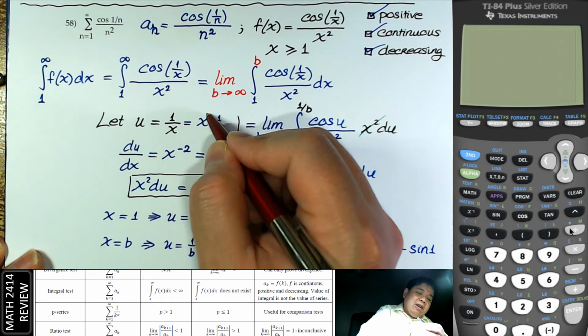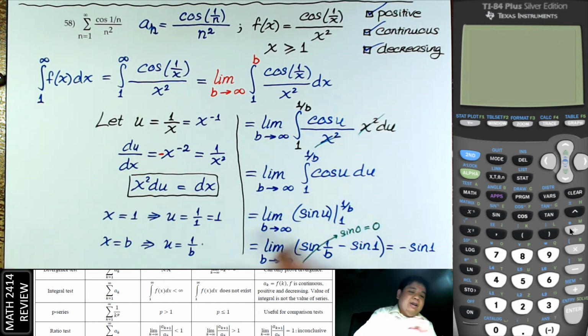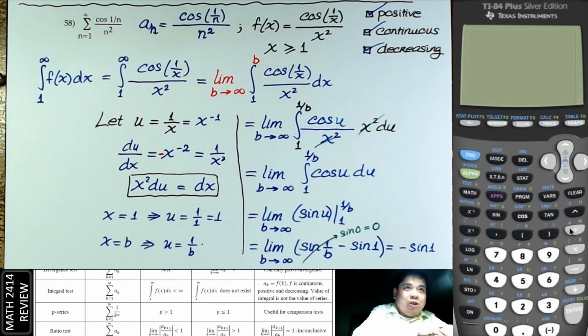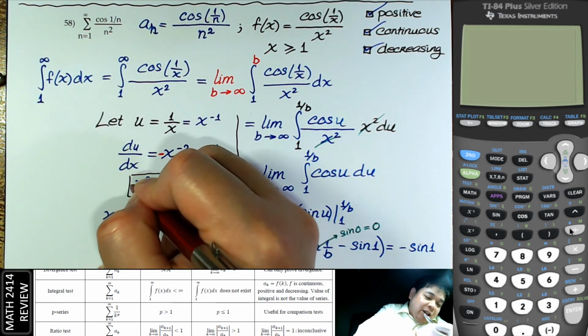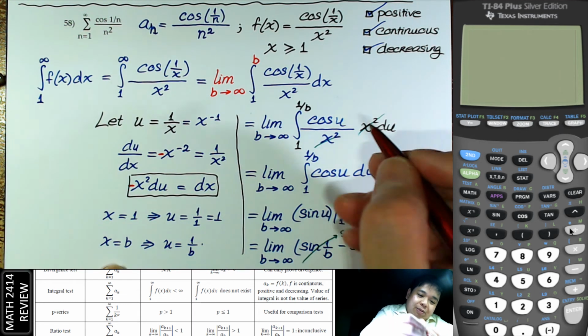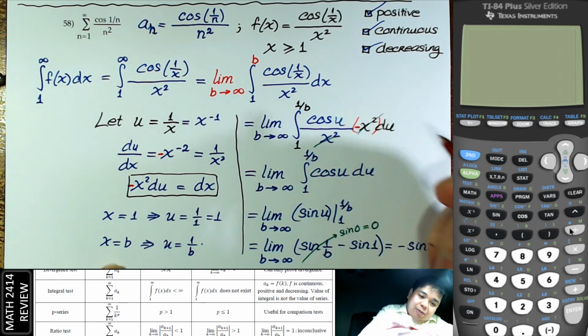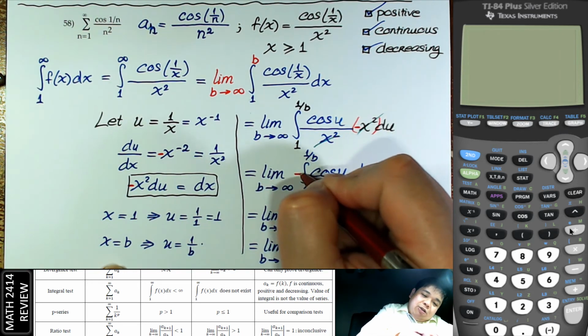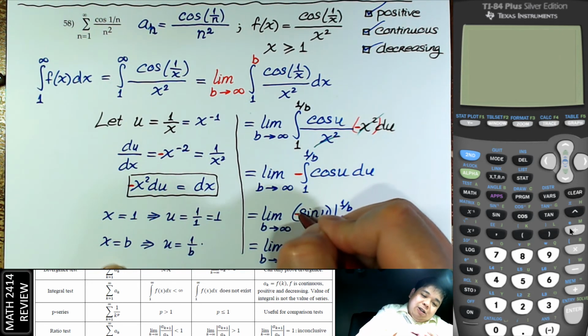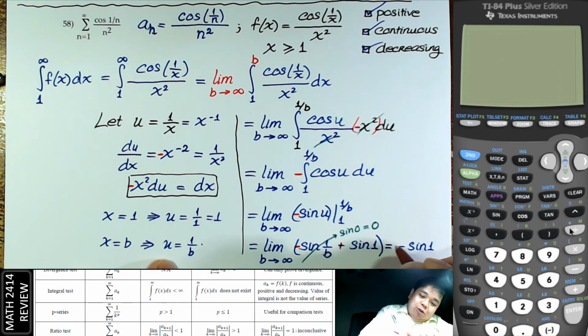If u is 1, x to negative 1, derivative is negative. Take negative 1, original power minus 1, so that should be negative. So I forgot the negative. So just take the negative outside. That turned into positive.